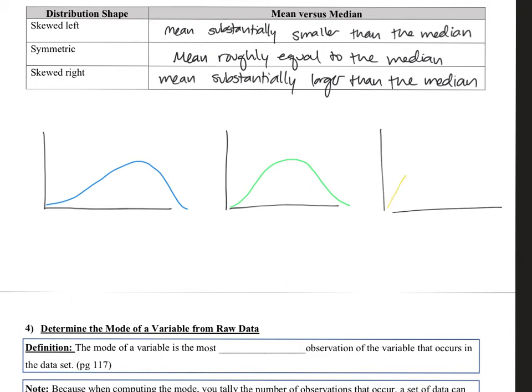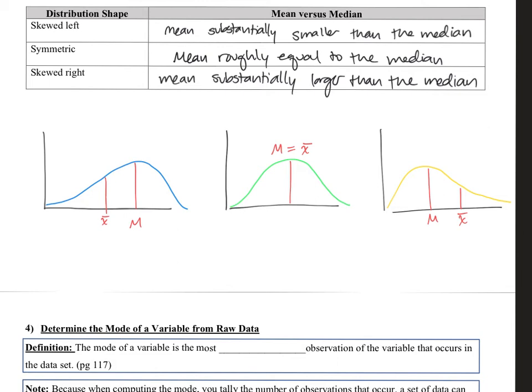Let me redraw that one. Okay. We have a median. Then we have a mean. Then here we have a mean roughly equal to the median. And then here we have the median and the mean. All right, which one is which? These are all different distributions.